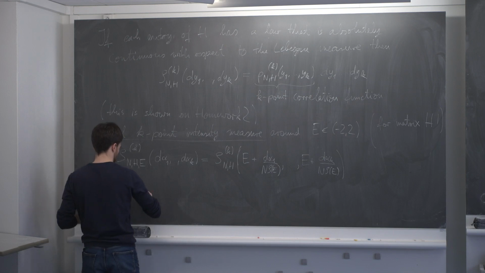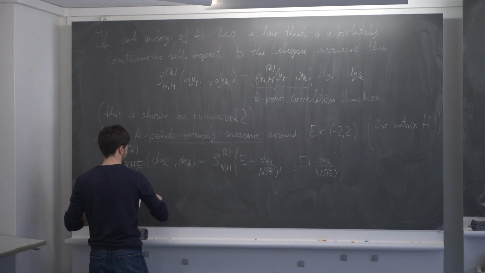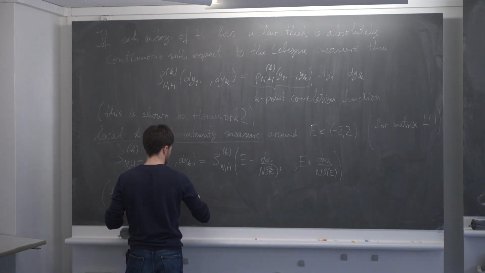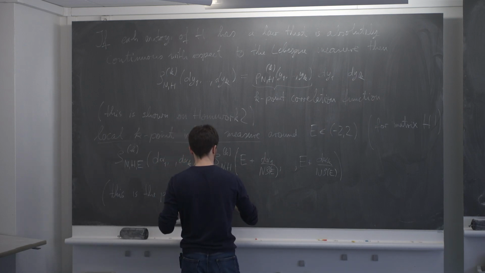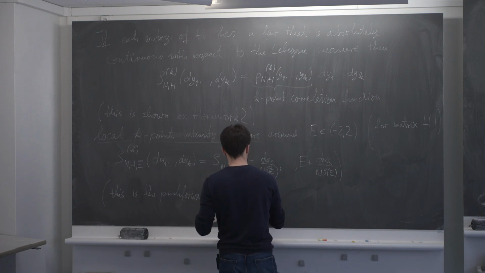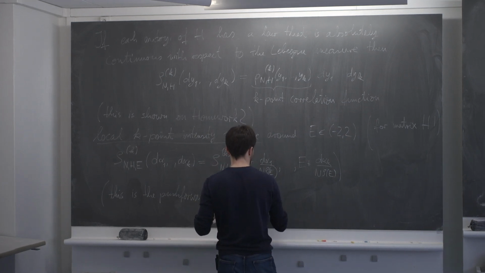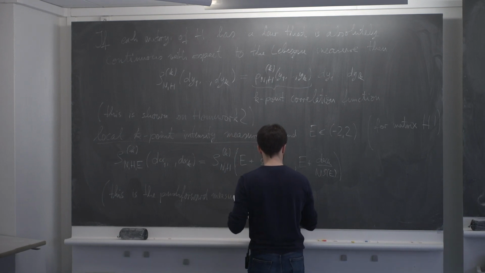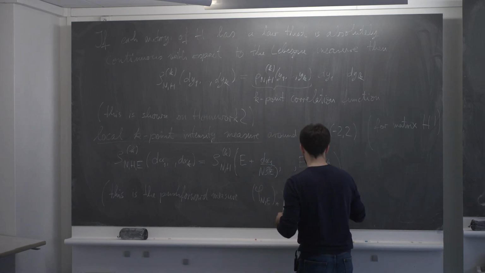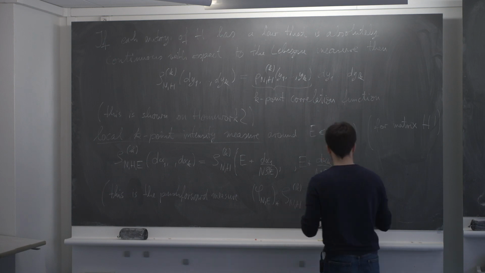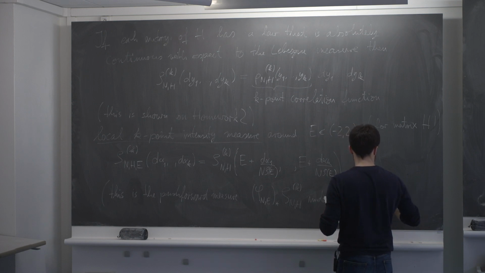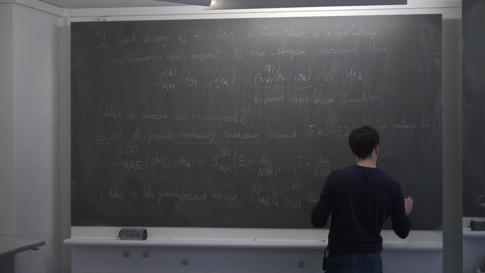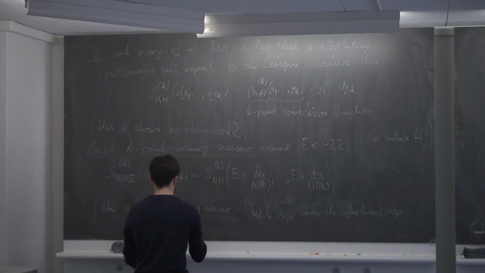So this is the push forward measure, phi E star rho n H k, under the affine linear map phi.